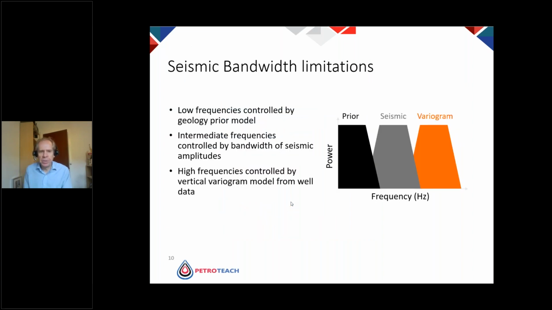Okay, and we have some limitations, so it's not perfect. Our seismic is in this bandwidth in the middle, and there aren't really any numbers on there, and that's a little bit deliberate in that acquisition keeps changing.